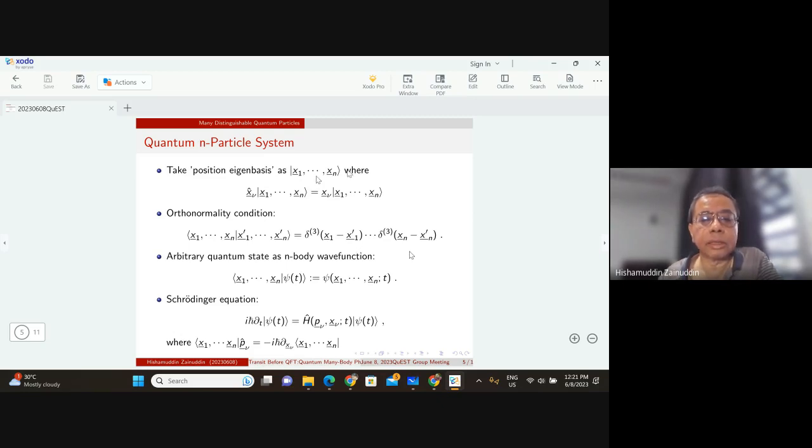Right. So if you want to express a general quantum state, you take the inner product of your eigenbasis with your general quantum state, and that now looks like what you call the many particle wave function.